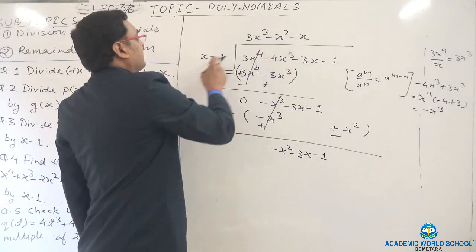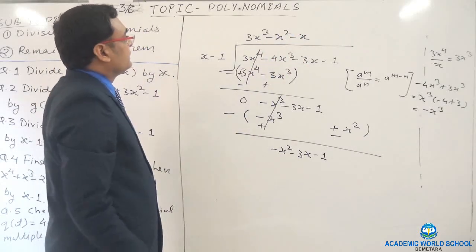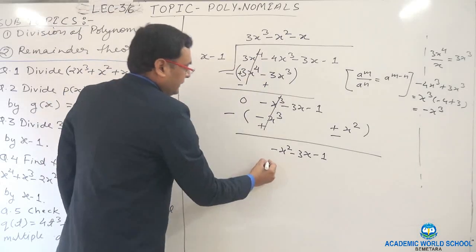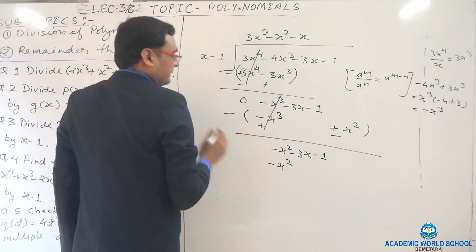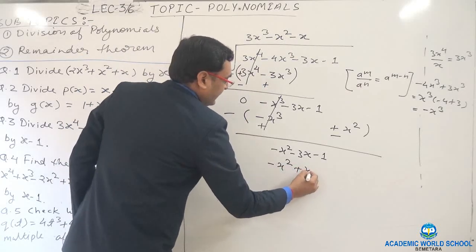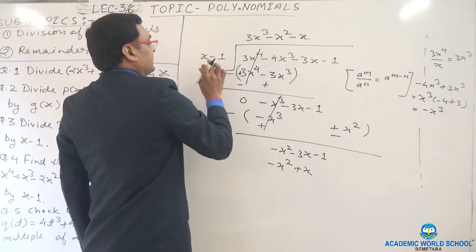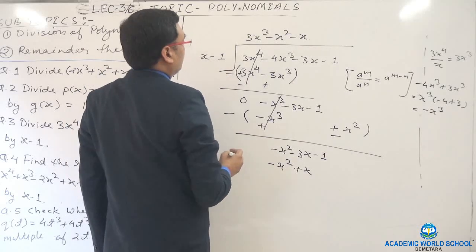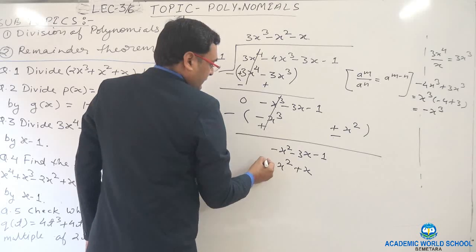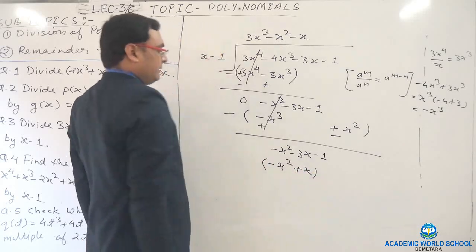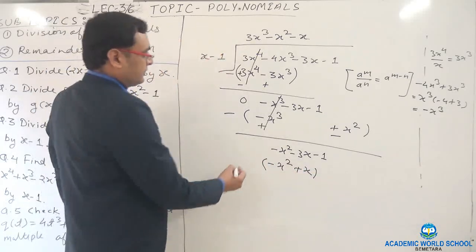Multiply this quotient part with the divisor. Minus x into x is minus x squared. Minus x into minus 1 is plus x. Now we will subtract it.